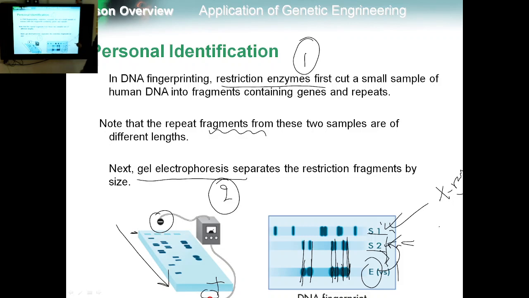You have to know how we can read the gel electrophoresis, okay? You have to know how we can say this sample is related to suspect 1 or 2, or sample 1 or 2.